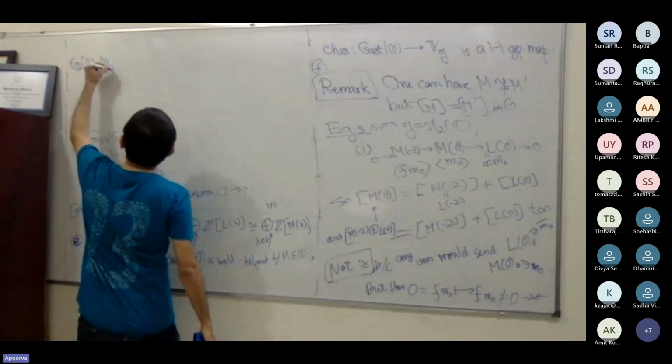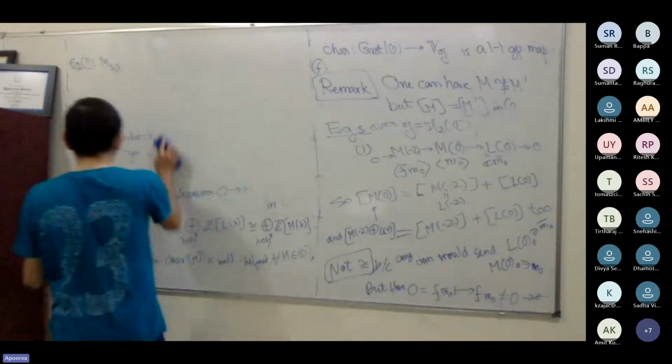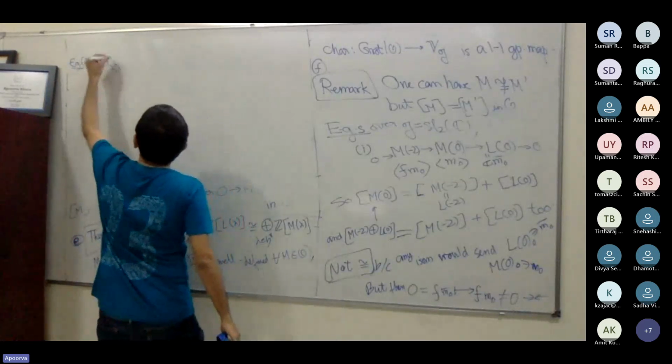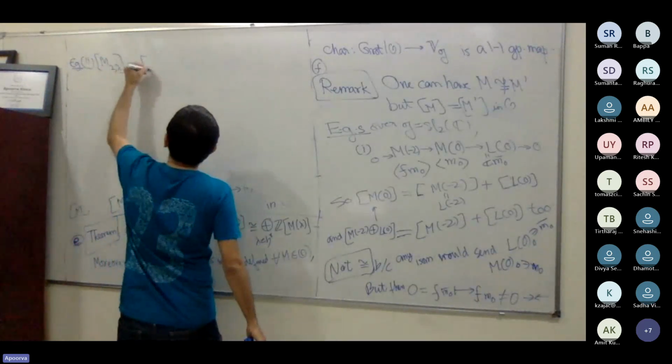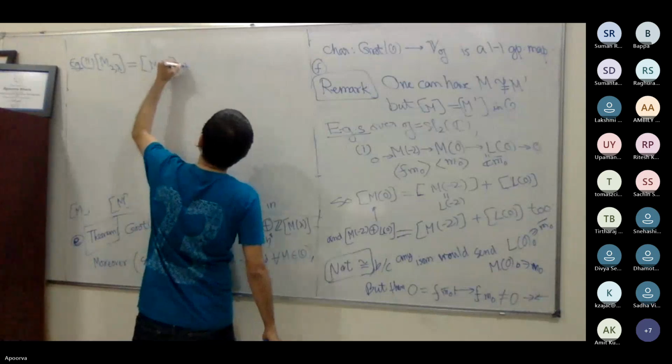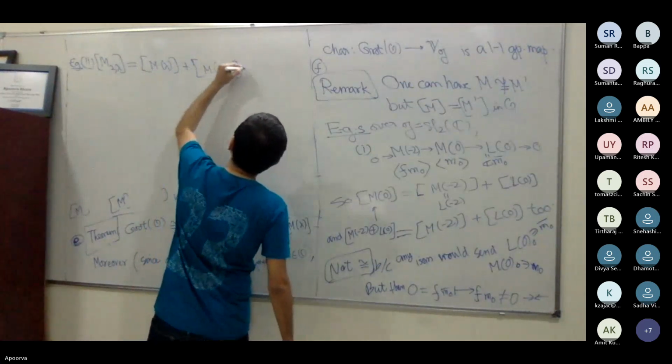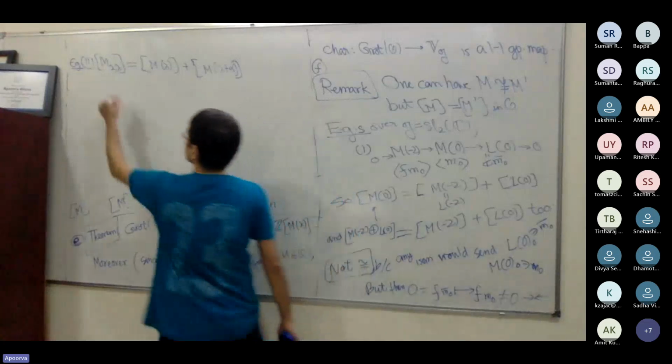is basically this module M2 comma lambda that we had discussed, or M lambda also. So M2 comma lambda equals M lambda plus M lambda plus alpha. But these are not isomorphic.